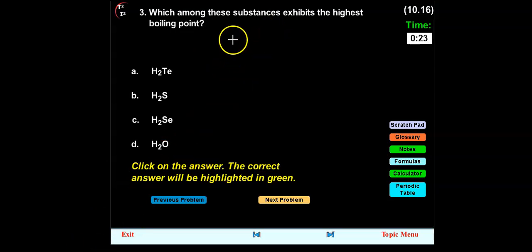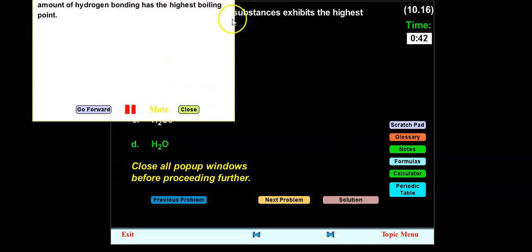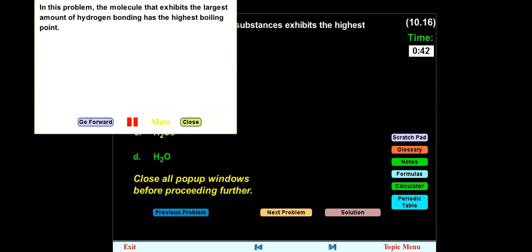Remember, hydrogen bonding is only formed between hydrogen and nitrogen, oxygen, or fluorine. Out of these, only water meets that criteria. In this problem, the molecule that exhibits the largest amount of hydrogen bonding has the highest boiling point.